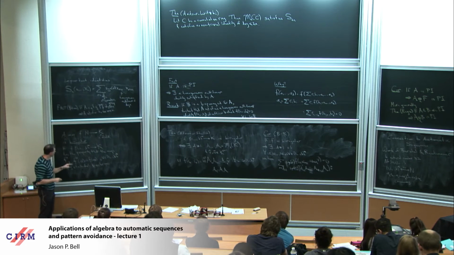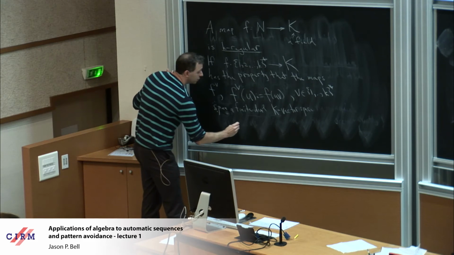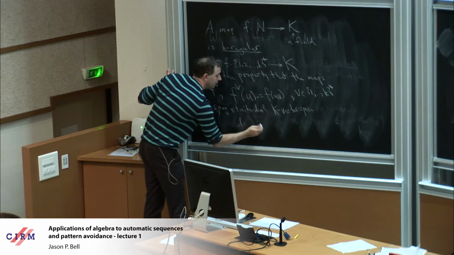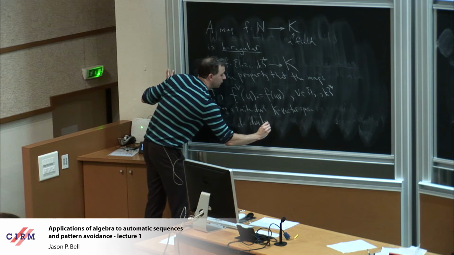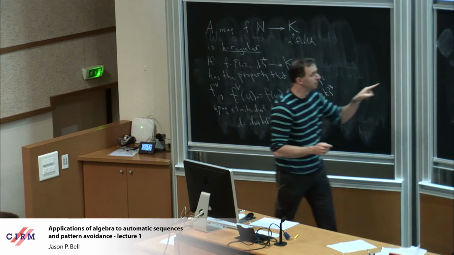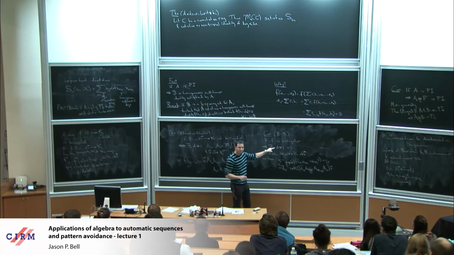I should say one more thing. The dimension of the span of this finite dimensional vector space, if we call that D, is what's called the dimension of the kernel of f. This D here is the same as this D here, is the same as this D here. So they all correspond to one another.